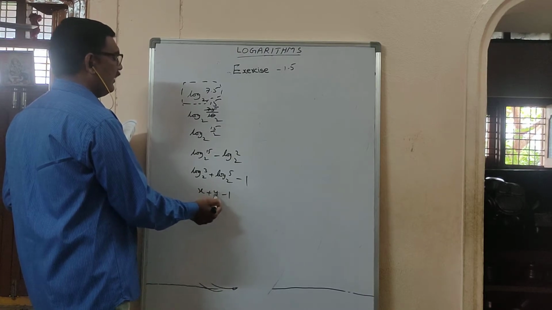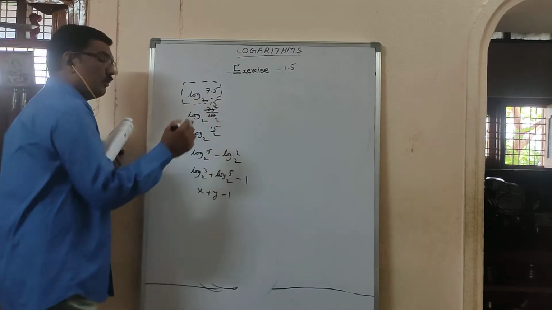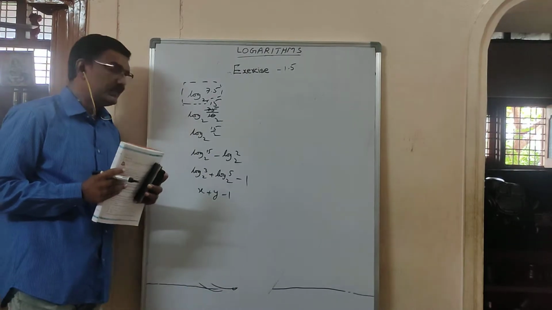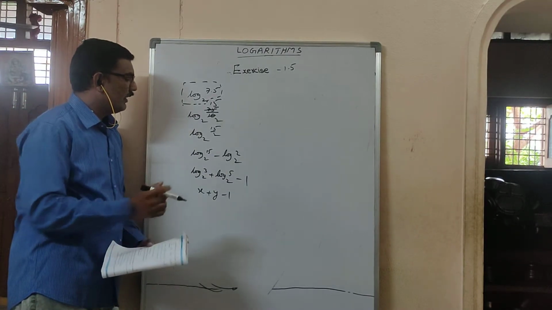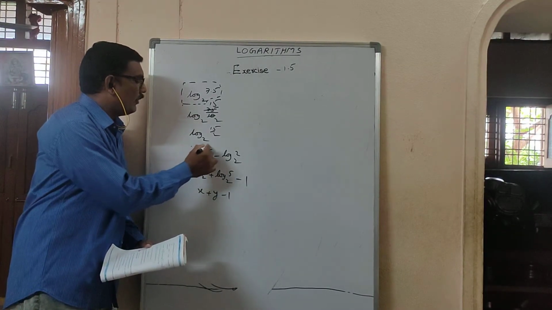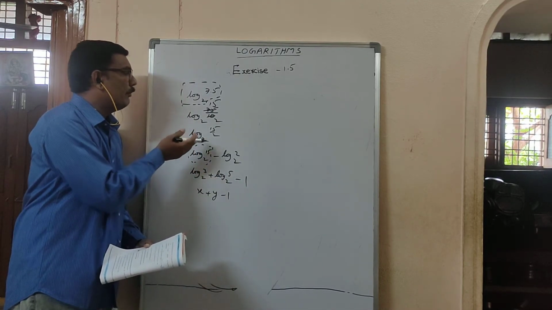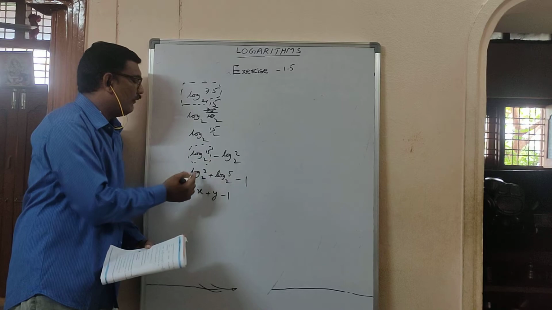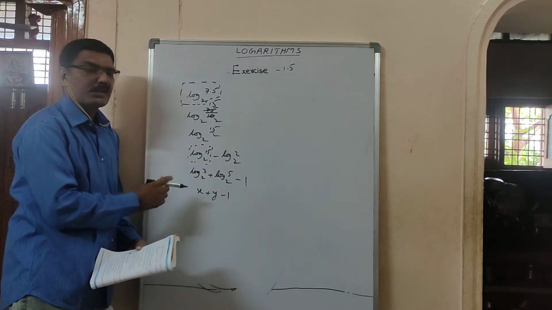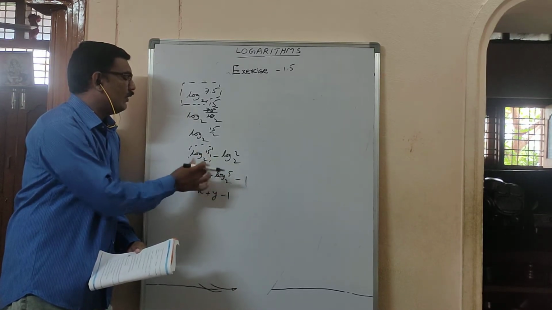X plus y minus 1 is equal to log 7.5 to the base 2. Here, this problem log 15 to the base 2, just now I explained how you got these two. Same, I substituted its value over here.